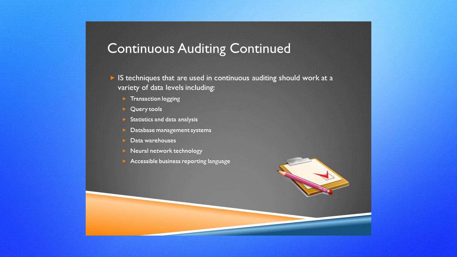Could be a financial type of function. Other areas where you might consider using continuous auditing are query tools or statistic and data analysis, database management systems, data warehouses, neural network technology, and accessible business reporting languages.